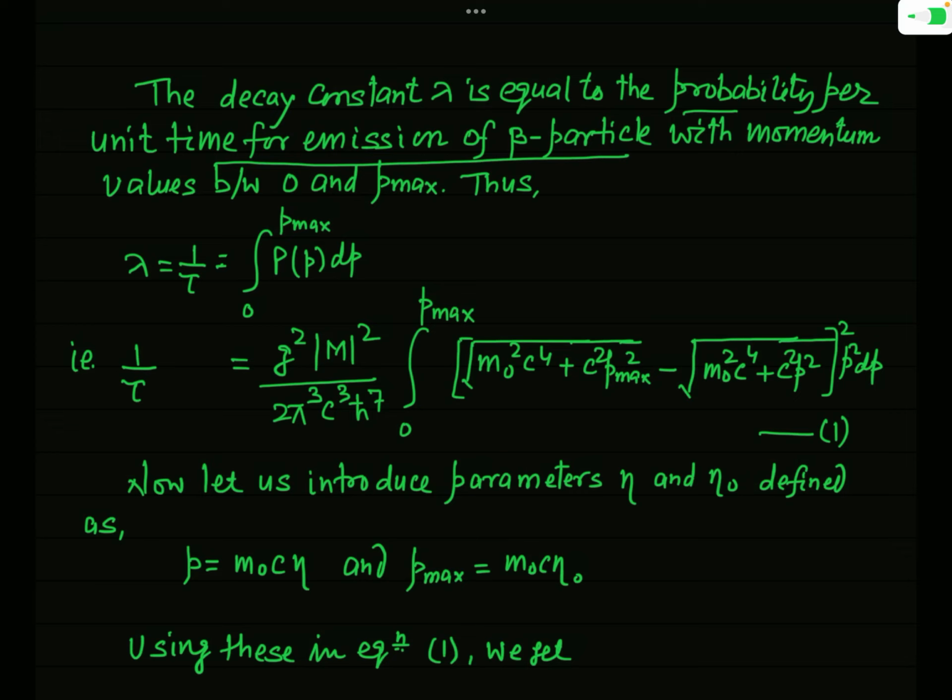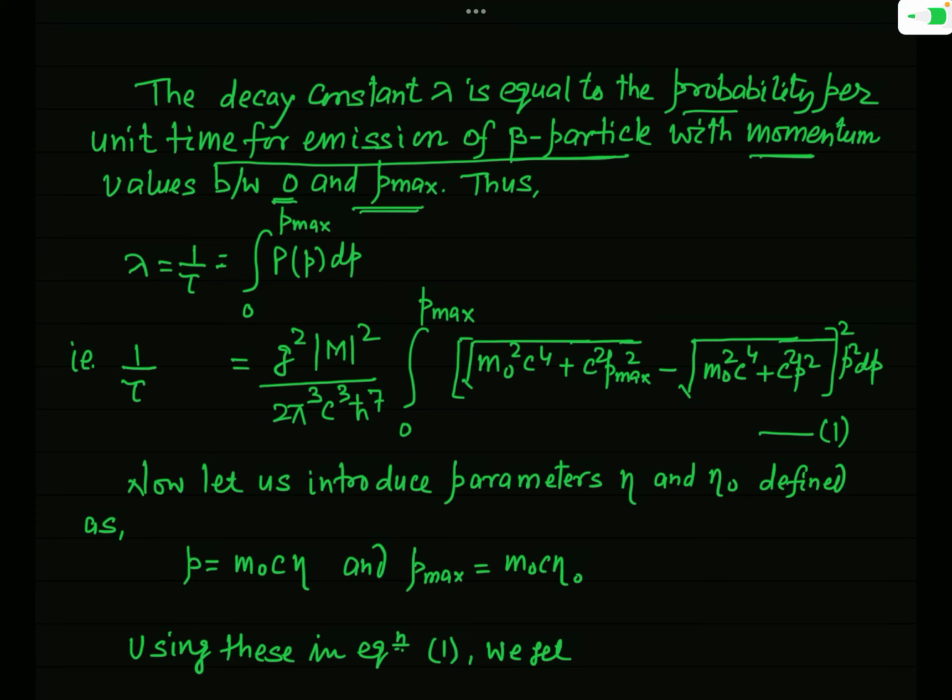When you calculate the probability per unit time for emission of beta particle when its momentum varies from 0 to its maximum value p_max, that total probability of emission per unit time of beta particle is simply equal to the decay constant. So I have mentioned here that the decay constant lambda is equal to probability per unit time for emission of beta particle with momentum values between 0 and p_max.